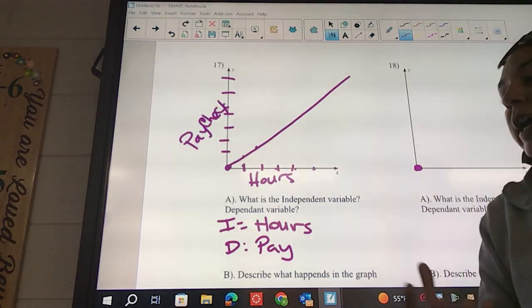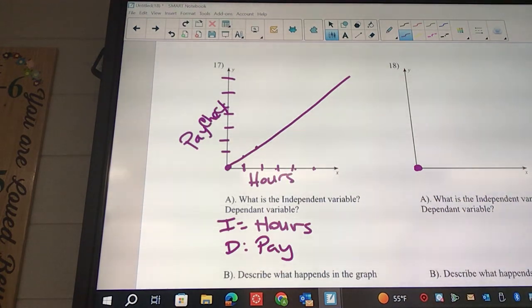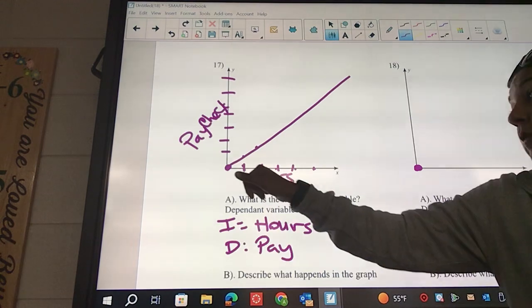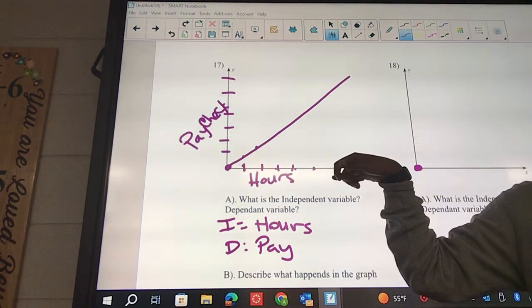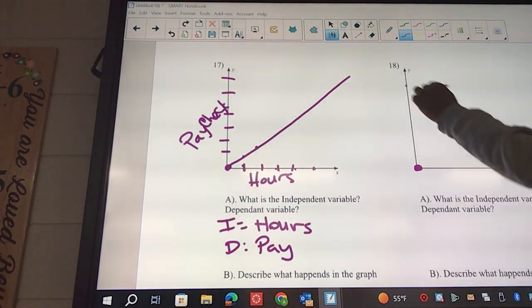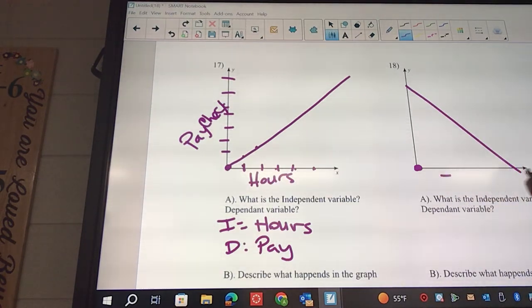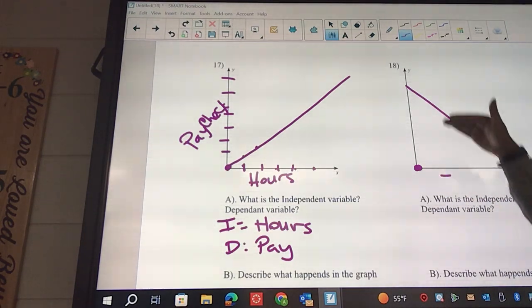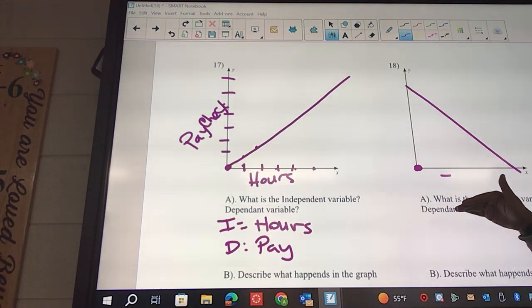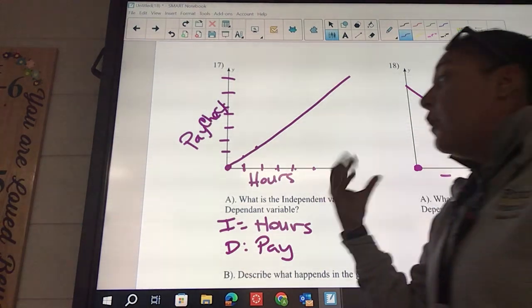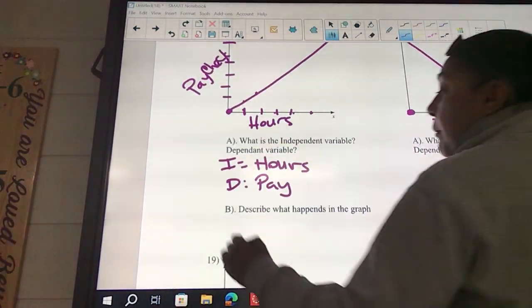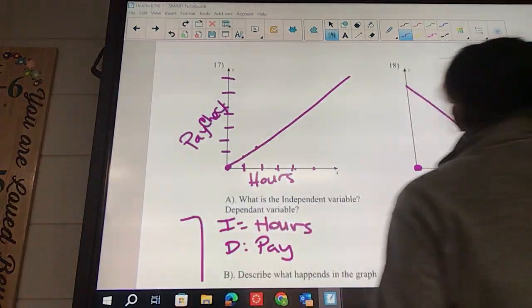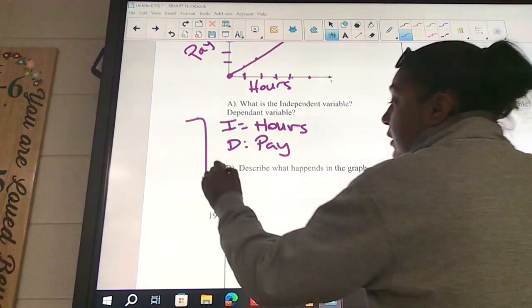And so when we're describing what's happening in the graph, and this is very important, this one right here is always increasing, okay? Now, if my picture is going down, this is still increasing, but this side is getting less and less, okay? So my X value is always going to be increasing, okay? So it's always going to be the more, okay? And this is what your sentence should look something like.